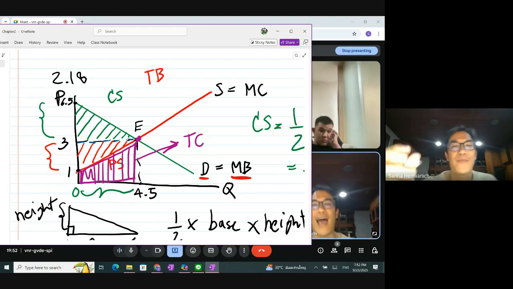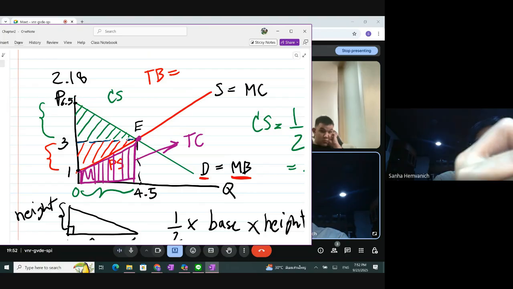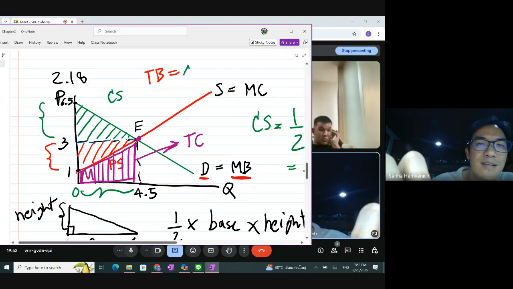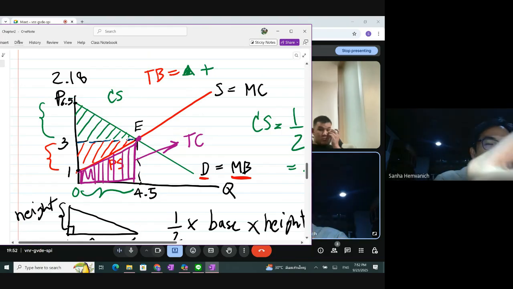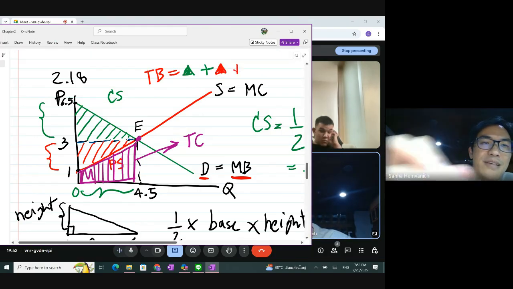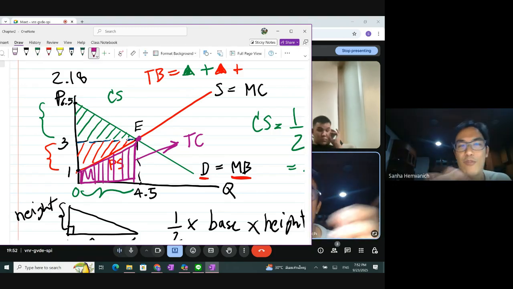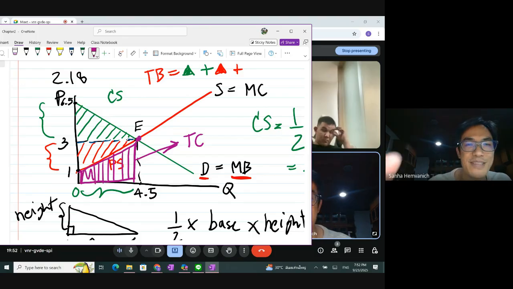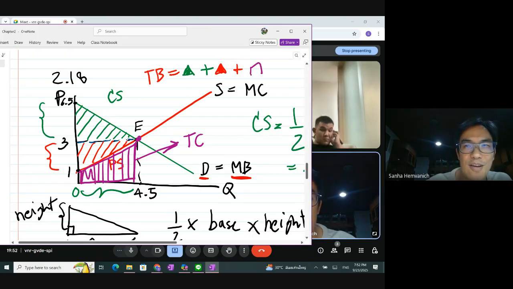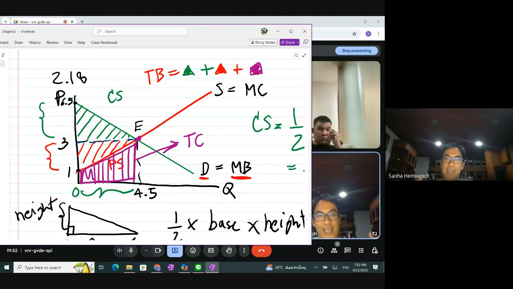So the total benefit here is the green triangle, plus the red triangle, plus the purple trapezoid.